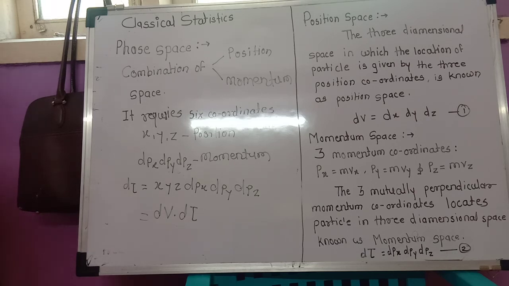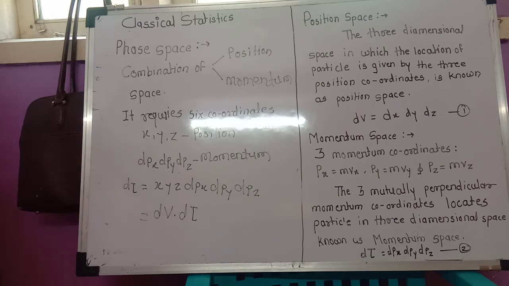The concept of the phase space is very useful when we are dealing with problems regarding the dynamical system, and this dynamical system actually exists in nature. To define the phase space, we require the three position coordinates and the three momentum coordinates.